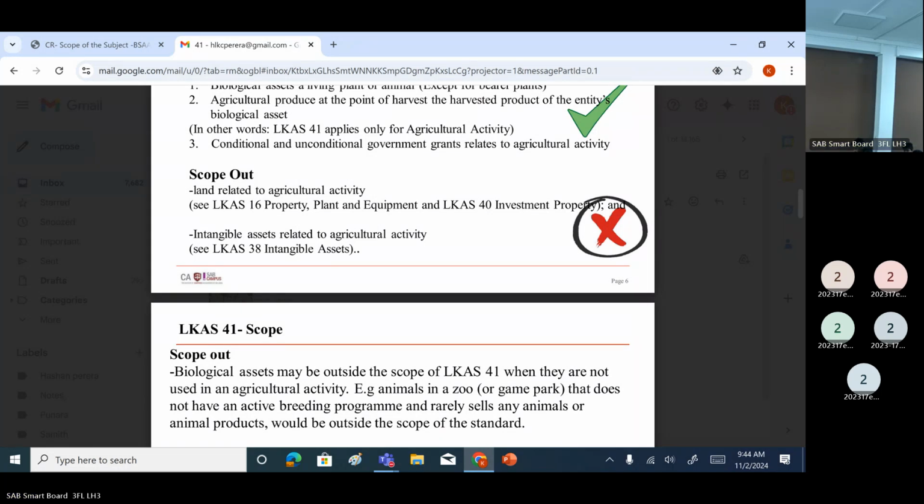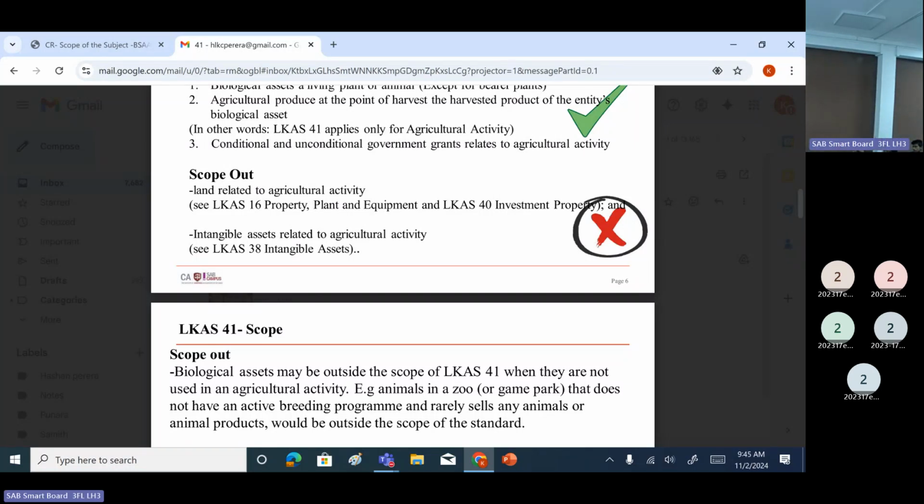Is that an agricultural produce? Is that a bearer animal or a consumable animal? How can we use this standard? Likewise, we need a proper understanding of the terminologies in the standards to define this. Decide scope in and scope out, basically to identify the biological asset.